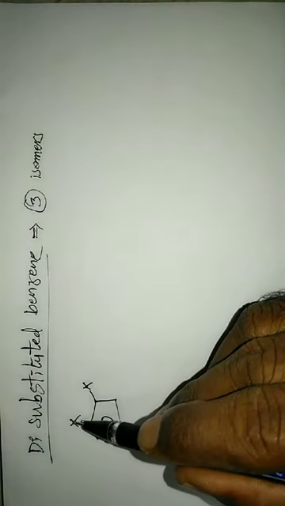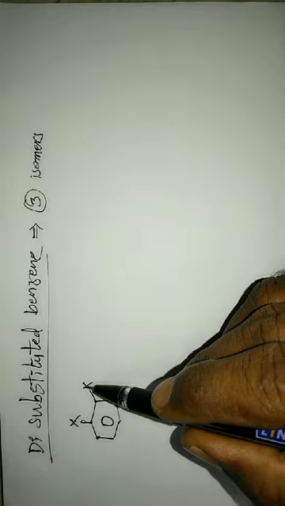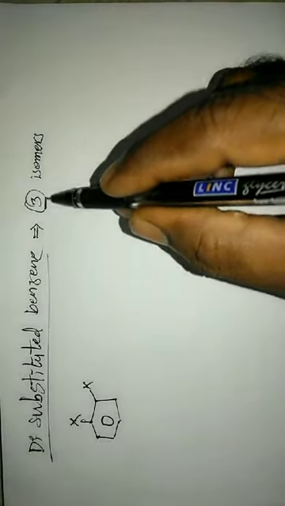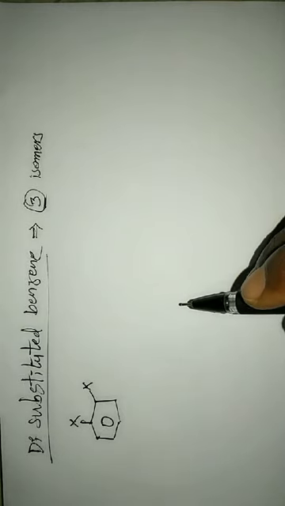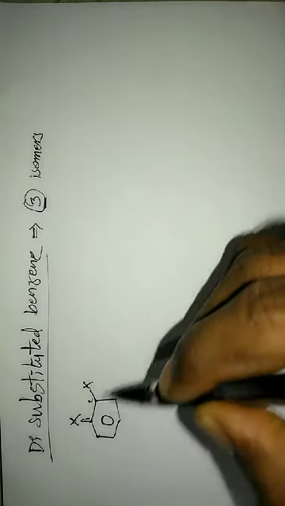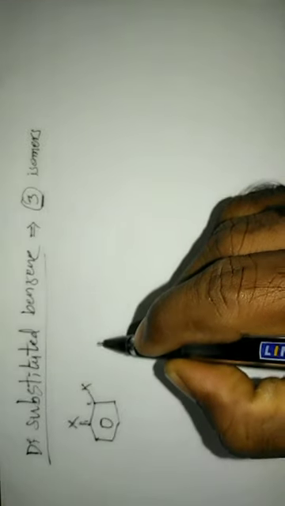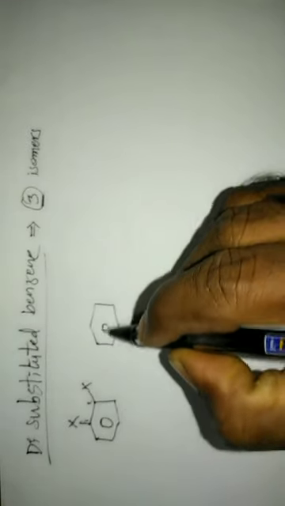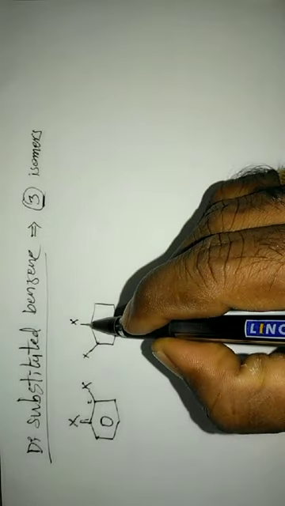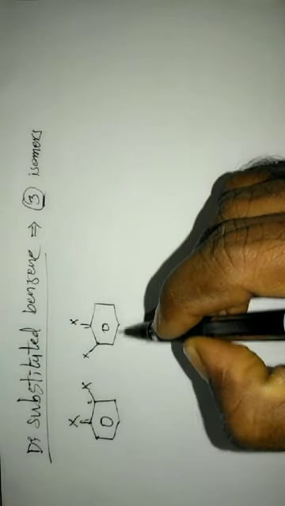Here, these two substituent groups, either same or different, can produce three isomers. This is the first position, this is the second position, or you can take this compound also. Here this is the first position, second, third, fourth, fifth and sixth, that is 1, 6.